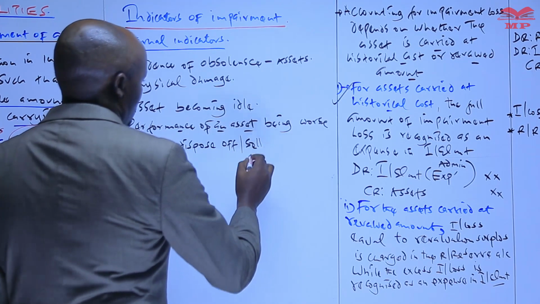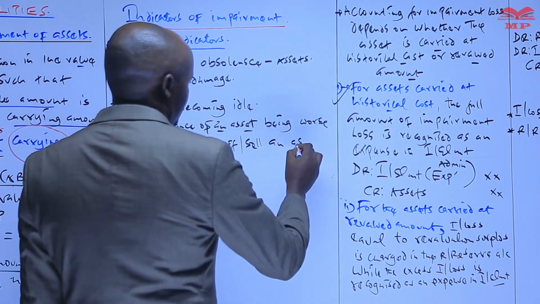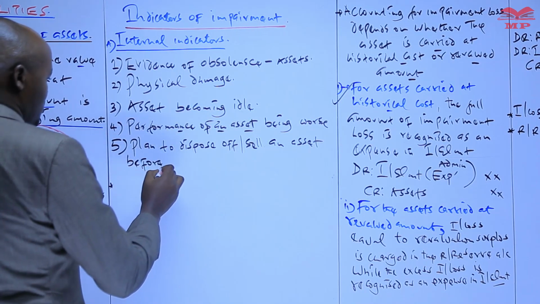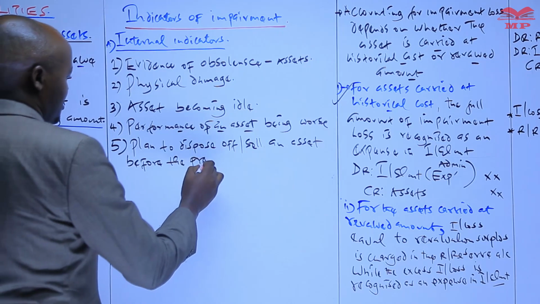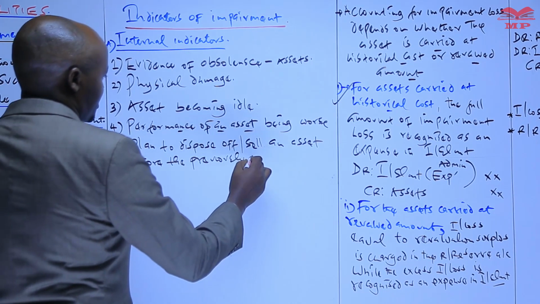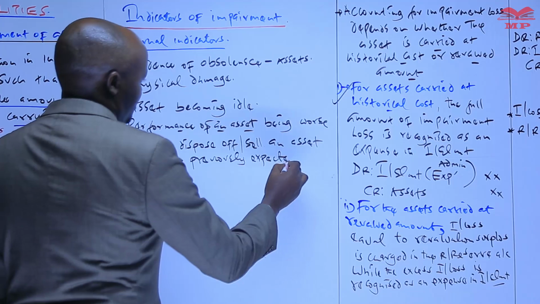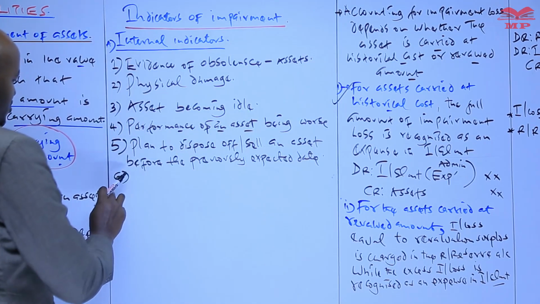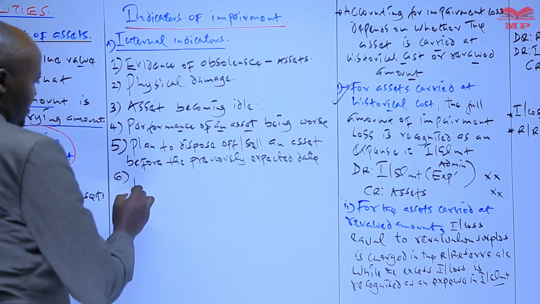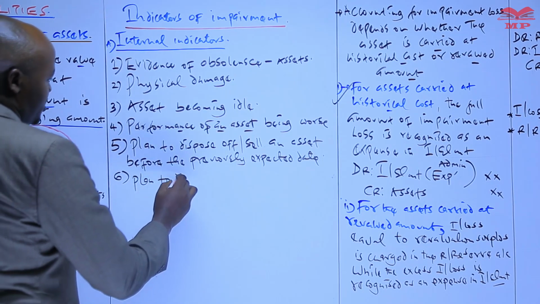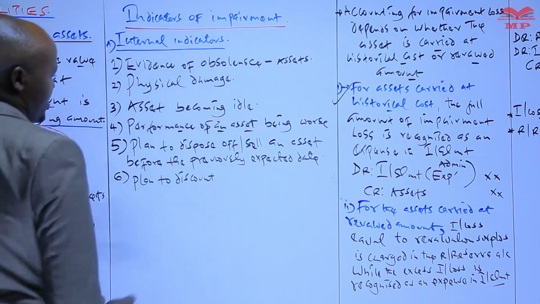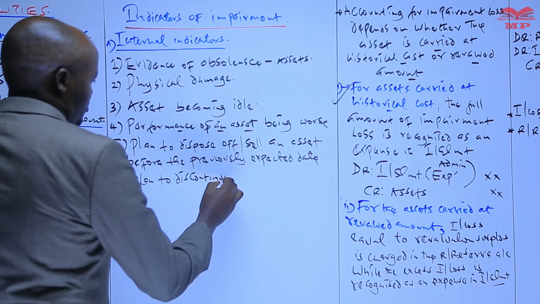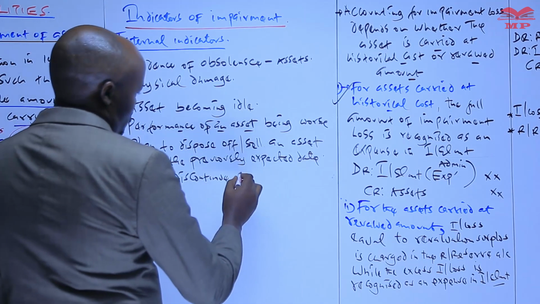A plan to dispose or sell an asset before the previously expected date. The other factor which shows that the asset could also be impaired is the plan to discontinue the operation.